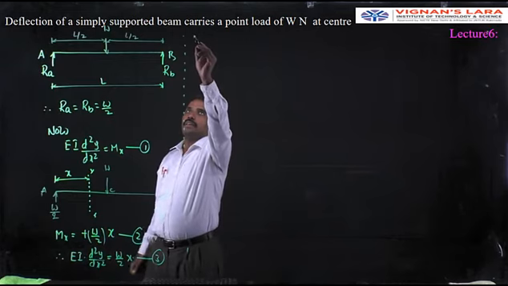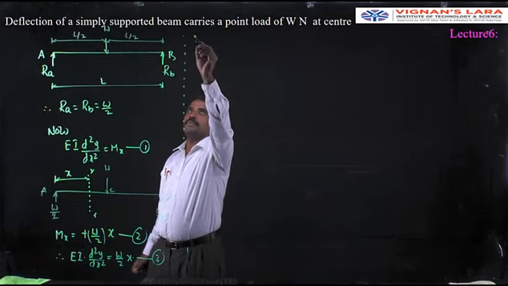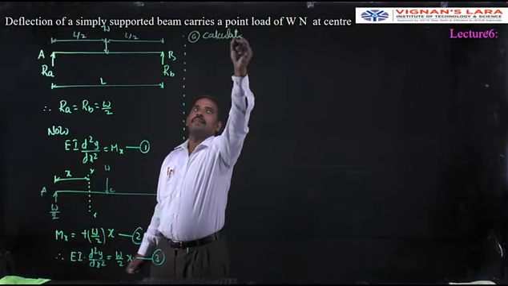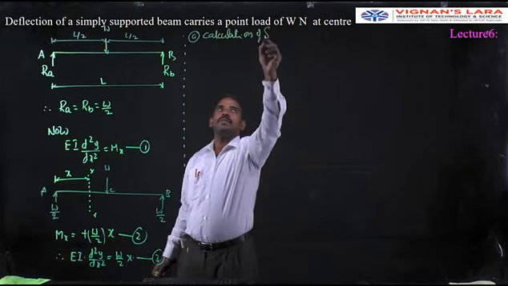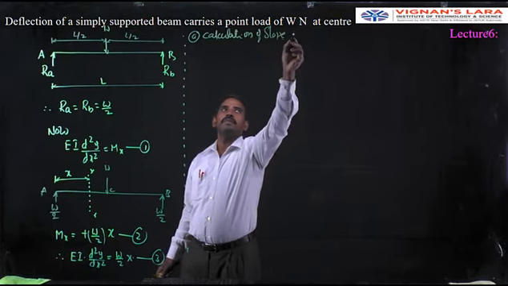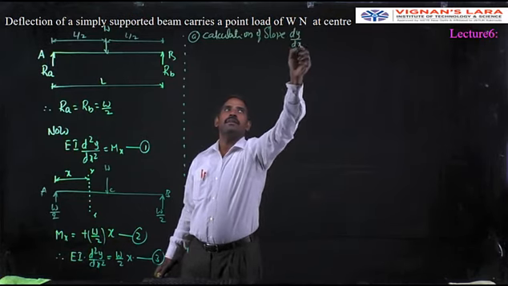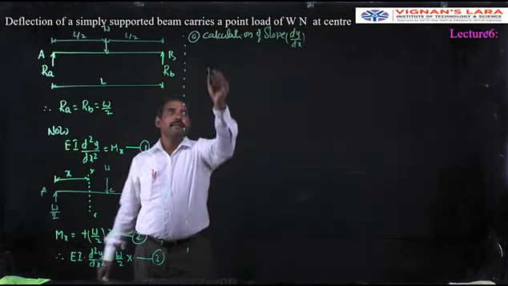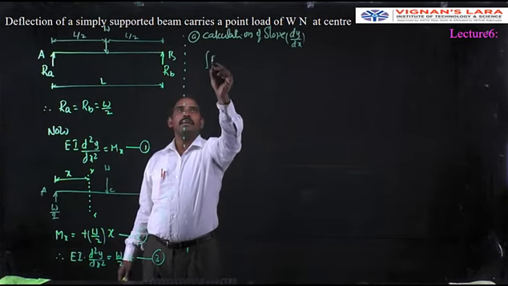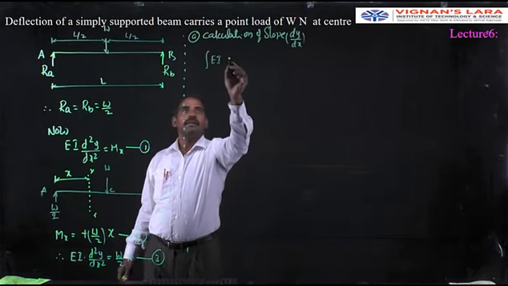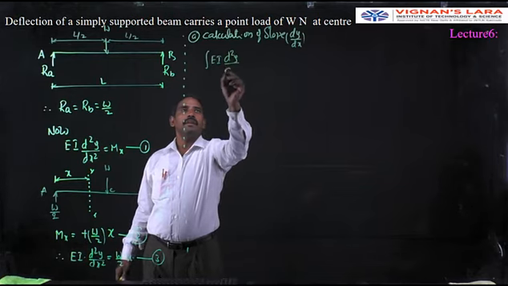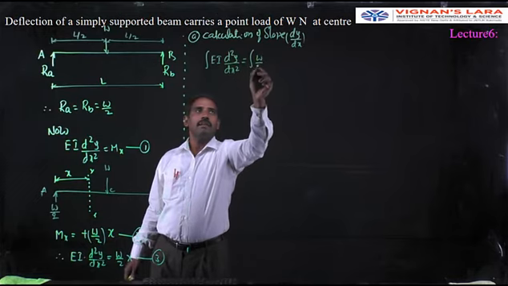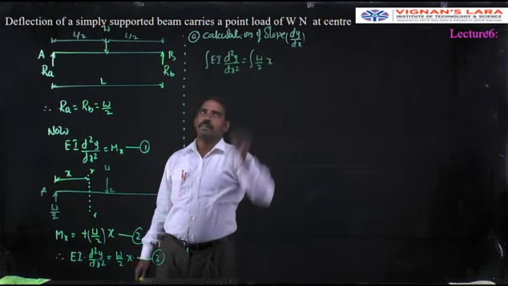First one is the calculation of slope. The slope is represented by dy by dx. Here, integrate equation number 3: integral of EI into d square y by dx square is equal to integral of W by 2 into x.